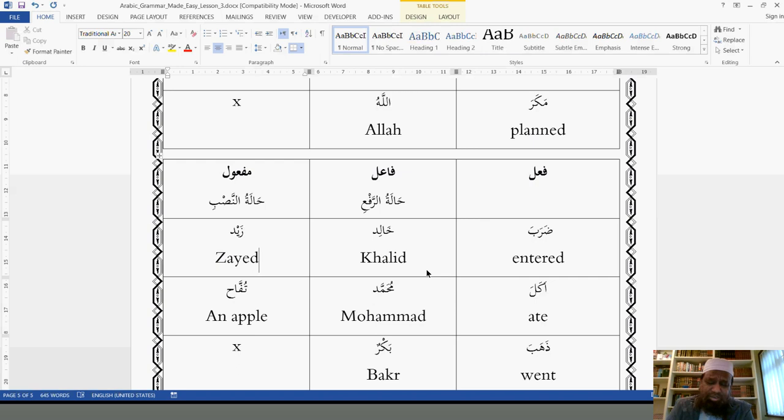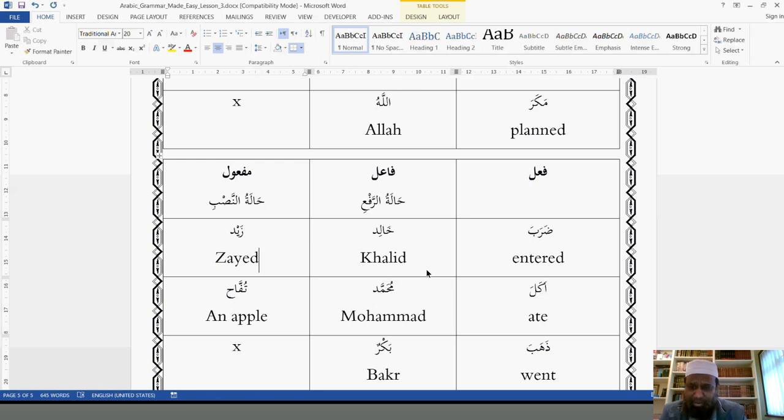So what is the i'rab of Khalid? Yes, rafa case. It is halatur rafa. But these types of words, what haraka does it take? That's what I'm getting to.